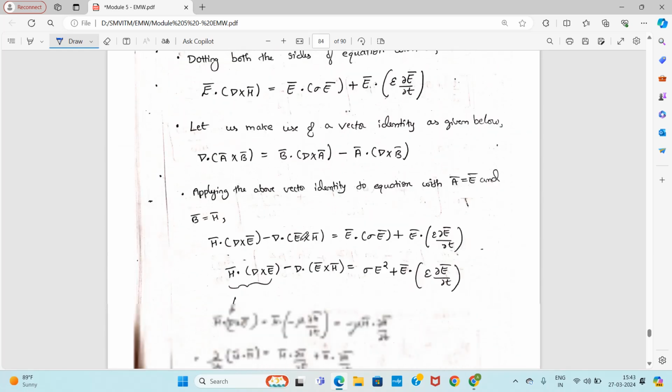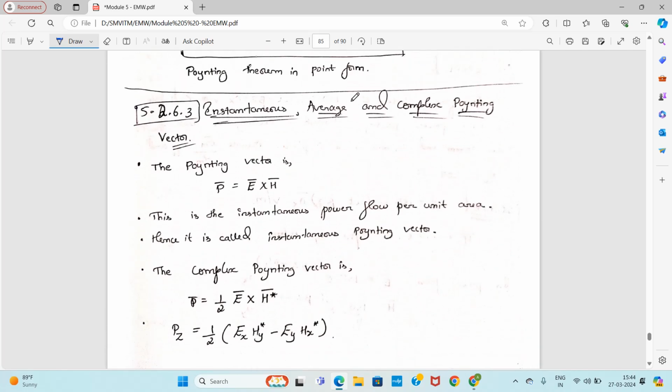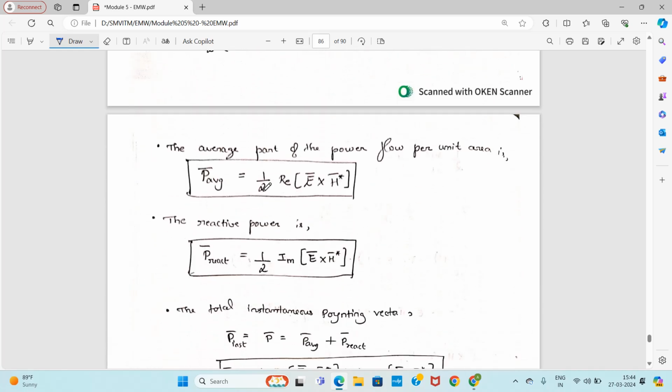Okay. And then after this, I'll directly come to this concept, that is finding out instantaneous, average, and complex Poynting vectors. So here, just know these formulas, okay? If I ask you for average complex power, then the formula will be half of the real part of E cross the conjugate of H. When you solve problems, you will know what H star means.